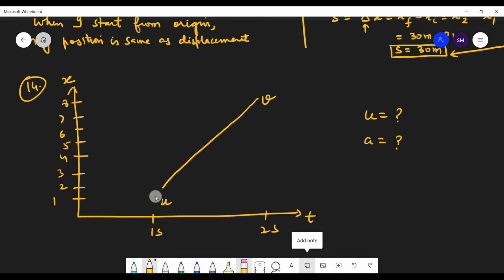So if you look here, in 1 second, the object has traveled, which means it is at some position. So this is a little bit inappropriate graph, and this question is not that appropriate actually. We need to skip this question, students.